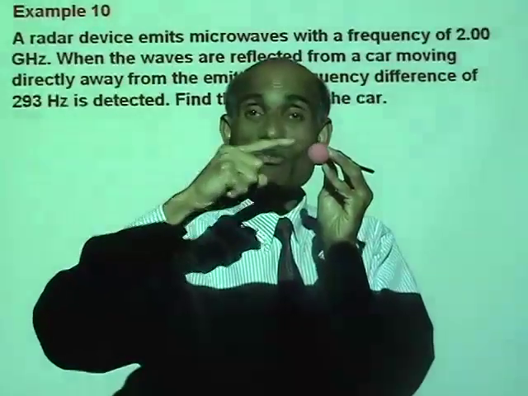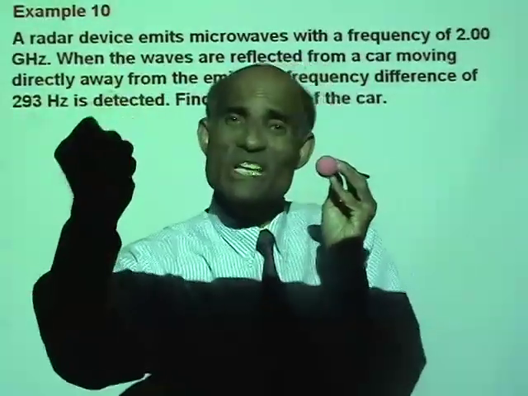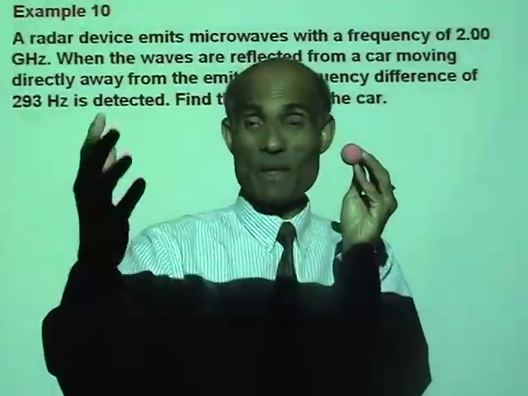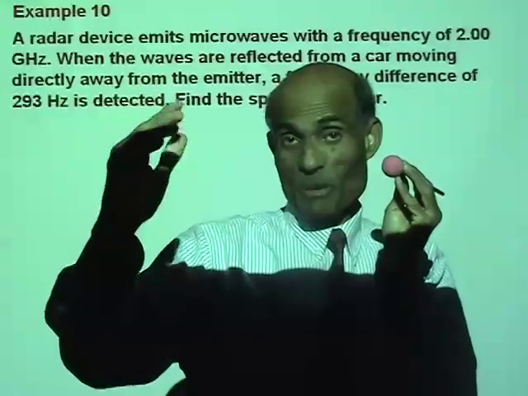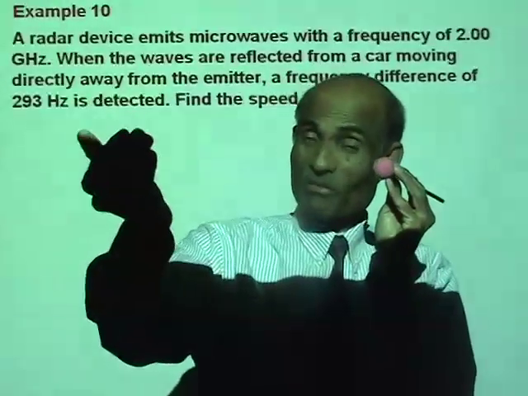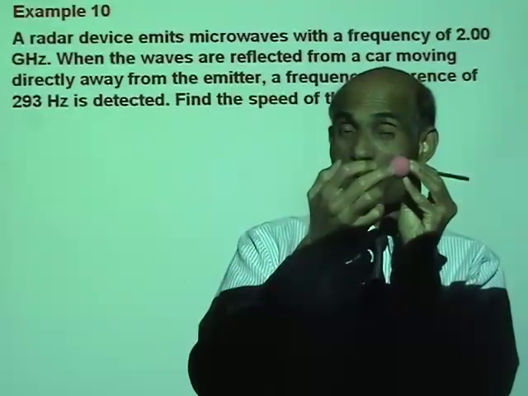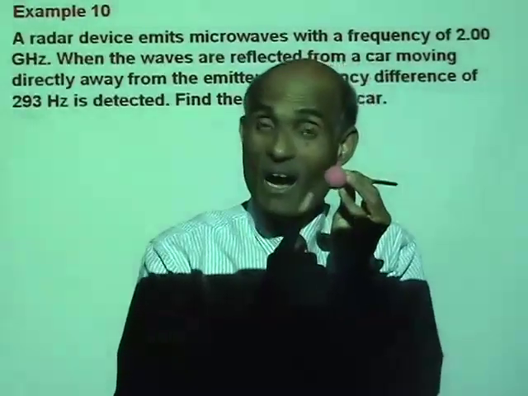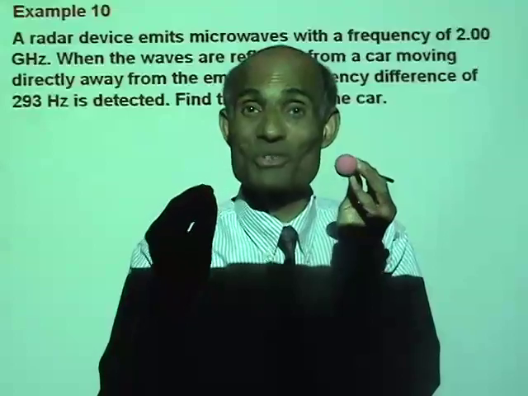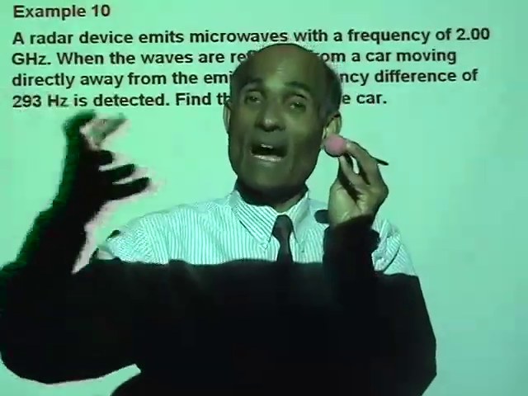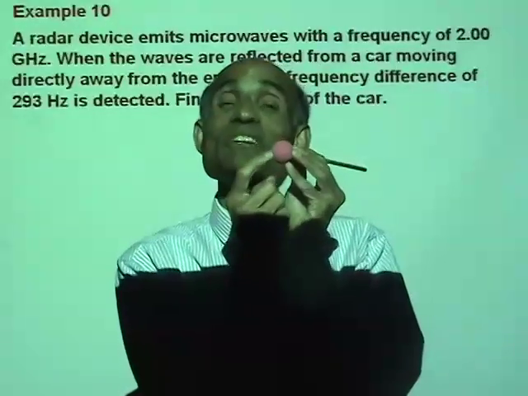That means the frequency as received by the car will be less than the actual frequency. Now, that microwaves get reflected from the car and is received back by the radar. That means now the car is the source. We have a source that is moving away and a listener who is stationary.